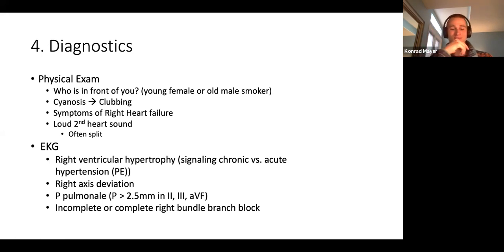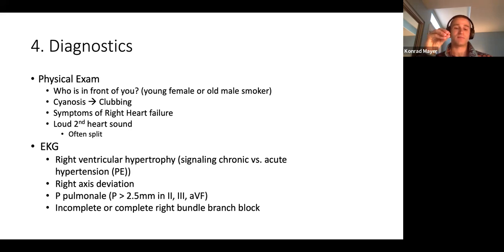And while listening to the heart with our stethoscope, sometimes it's possible to hear a loud second heart sound, which is often split. The second heart sound is physiologically slightly split, and the first part of the second heart sound is from the aortic valve, and the second part of the second heart sound is from the pulmonary valve.